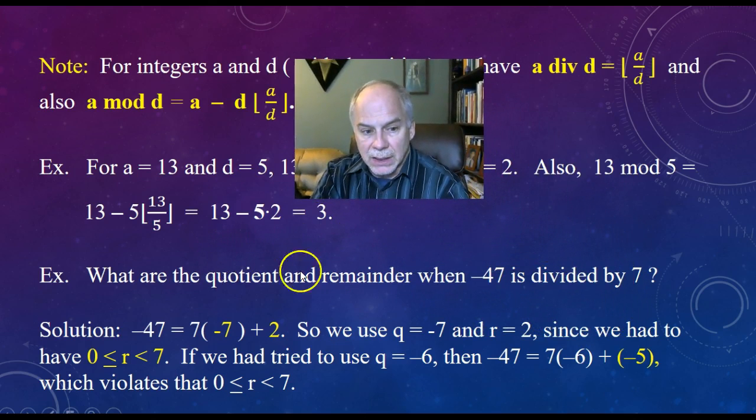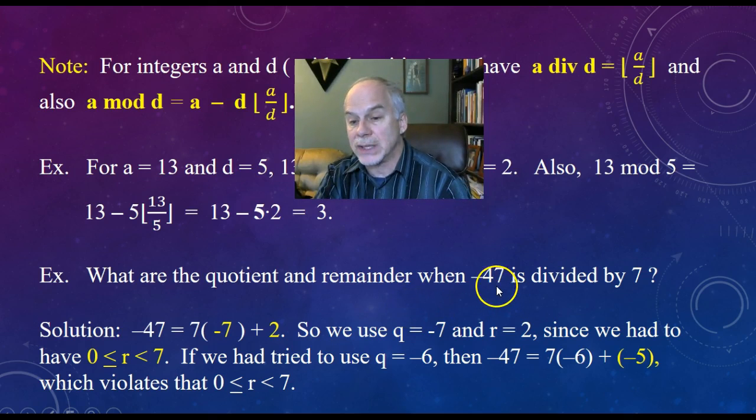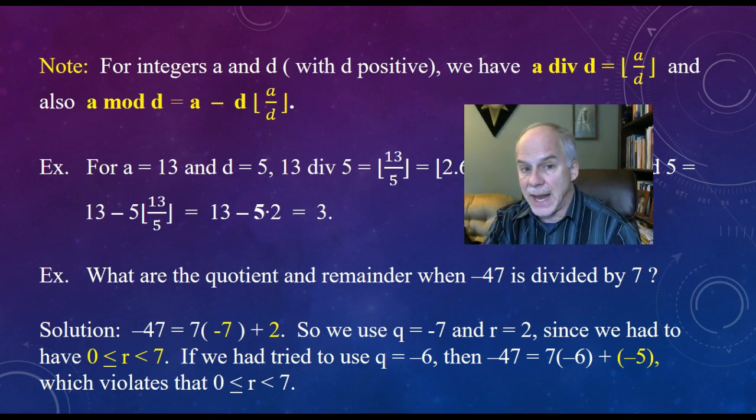Okay. Next question, what are the quotient and the remainder when negative 47 is divided by 7? Now this one is kind of a strange question, because the number a is actually a negative number, okay?